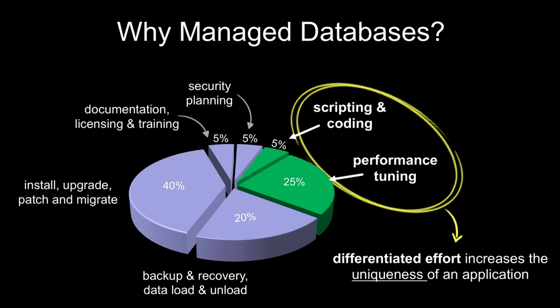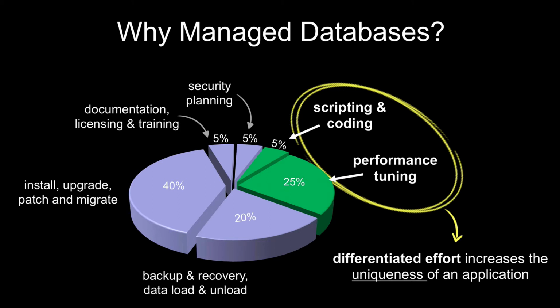So you can stop doing a lot of things that are related to the operation of your data warehouse, and you can focus your efforts on things that genuinely deliver you more differentiation, make you more competitive, such as developing queries or performance tuning existing queries on your data, rather than things like, for example, security planning or installing, upgrading, patching and migrating your data warehouse, or dealing with backup and recovery or data loading tasks.